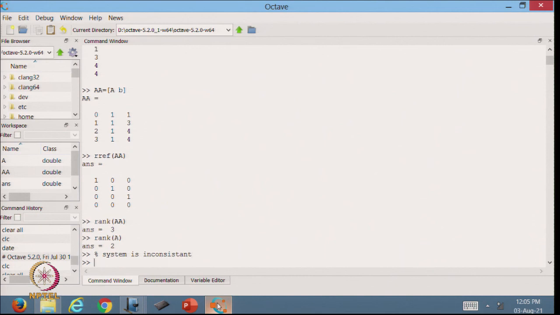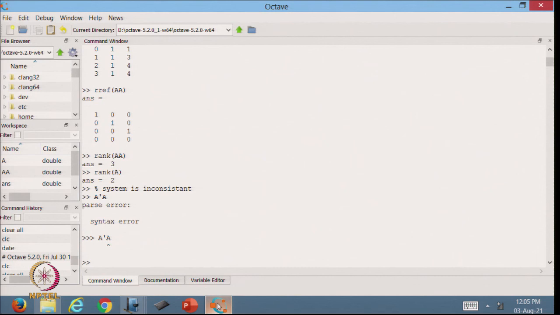Now, what we need to do? We have to apply the least square method. So, what I want to do now is take the matrix. First I find the transpose. So, I will take A transpose into A. So, that is my matrix A transpose A. Maybe I can write here B is equal to A transpose, because some commands may not be here.